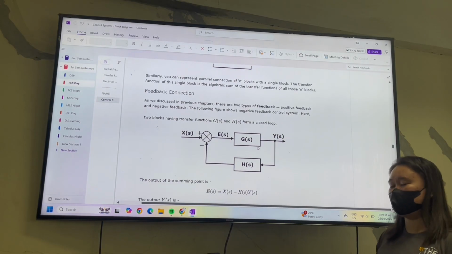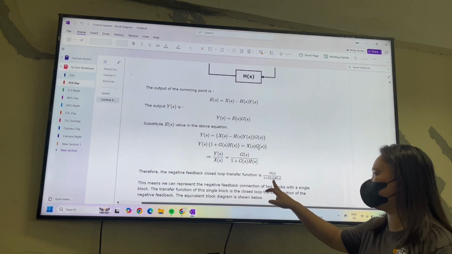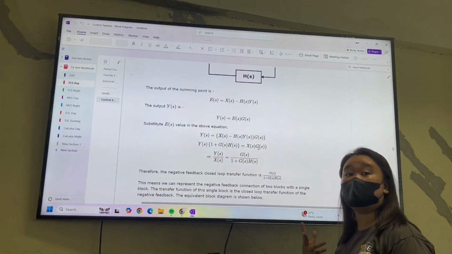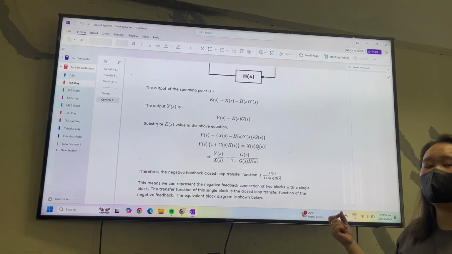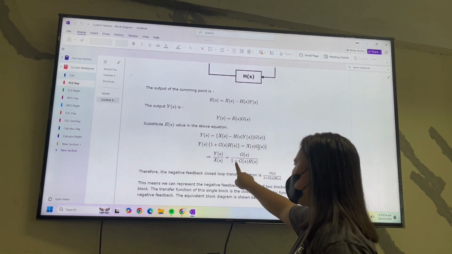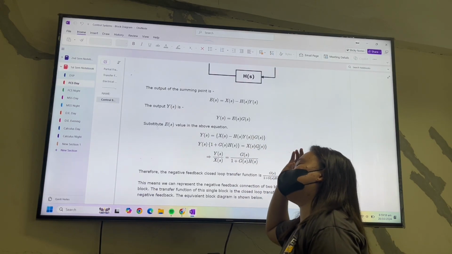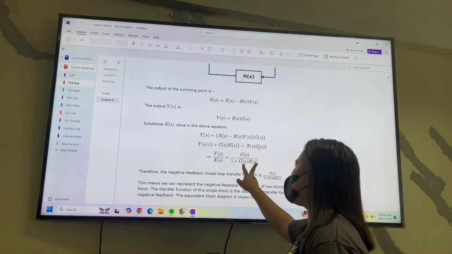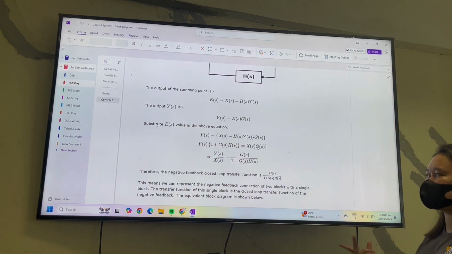Next is the feedback connection, which is just a regular negative feedback. For a feedback connection, if it is positive feedback, the sign is negative, and if it is negative feedback, the sign is positive. The transfer function involves G of s and H of s.